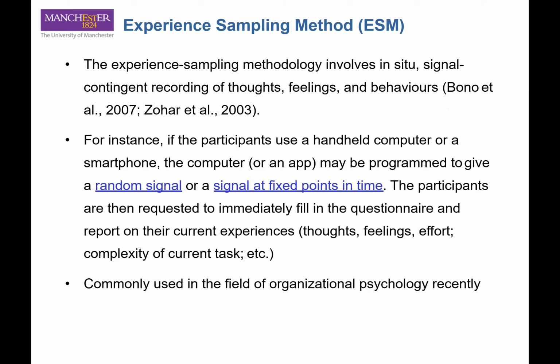For example, if the participants use a handheld computer or a smartphone, the app can give a random signal, or a signal at a fixed time point, to remind and request the participants to fill in questionnaires and report their current experience.